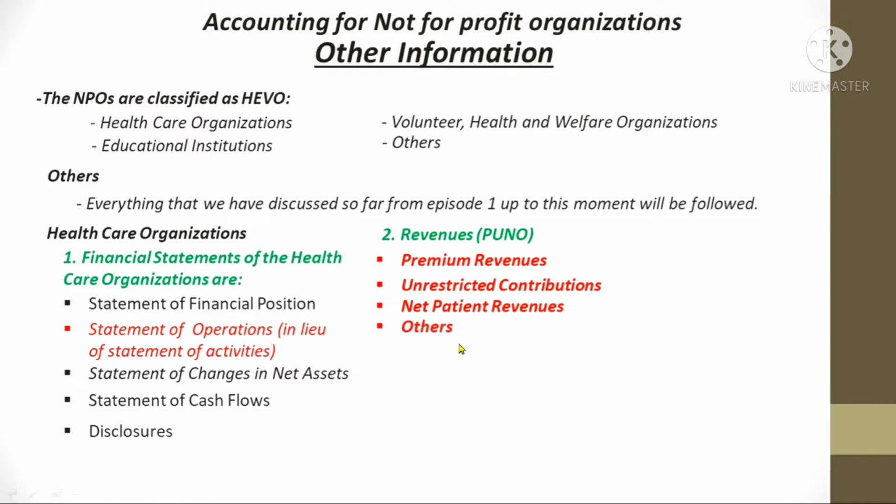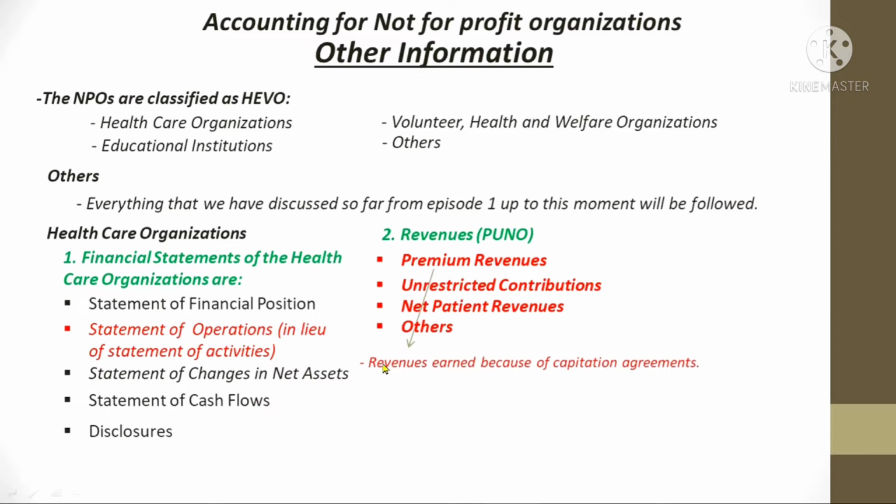And that's it. But wait, there's more. Actually, we need to discuss this one by one, especially the net patient revenues, since there is a computation for this one. So let's start with premium revenues first.